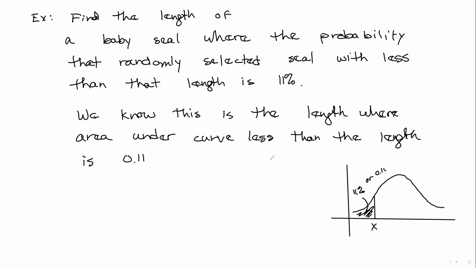Okay, and so we know that this is the length where the area under the curve that's less than that length is 0.11. All right, so I used this term earlier in the semester, but this is also called the 11th percentile.